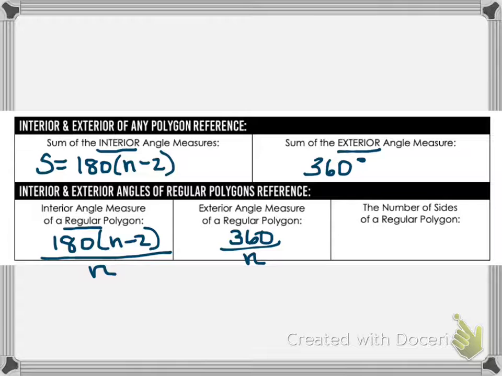The number of sides of a regular polygon, not sure what they want us to put on that one. Hold on a second.